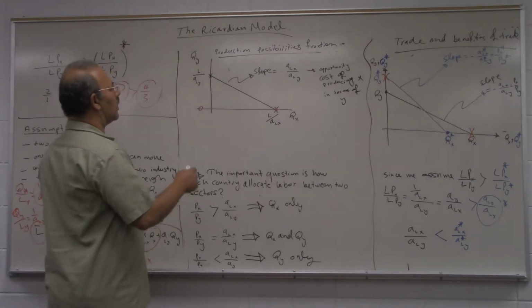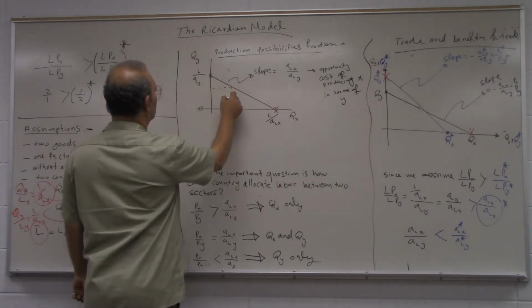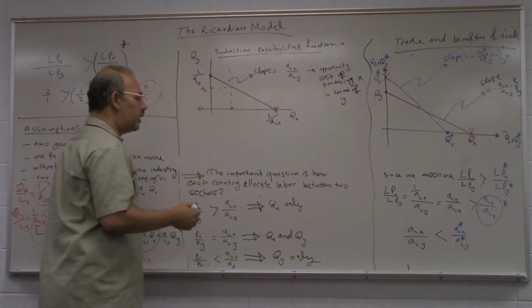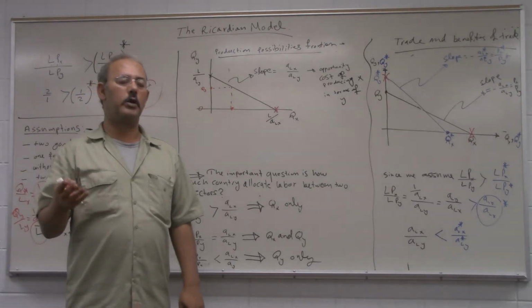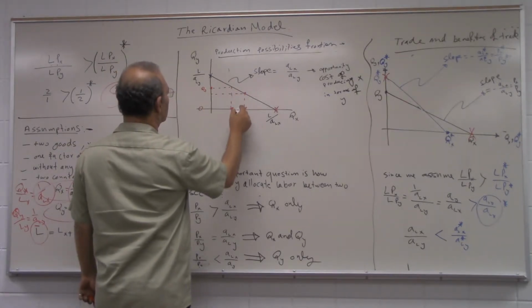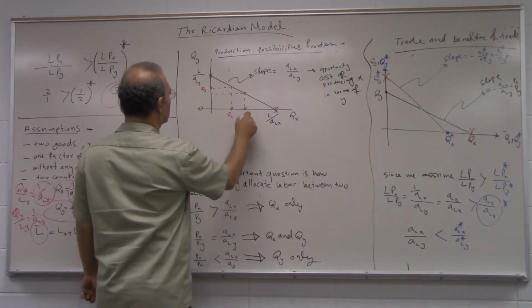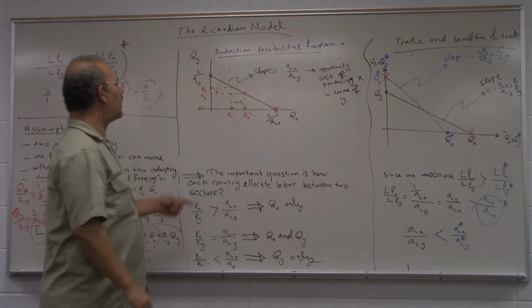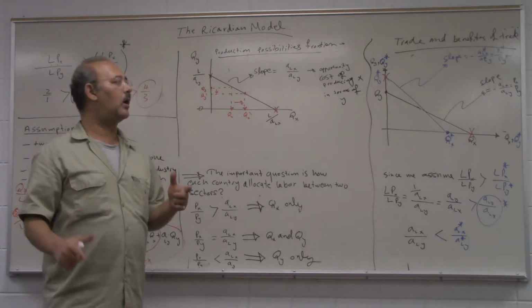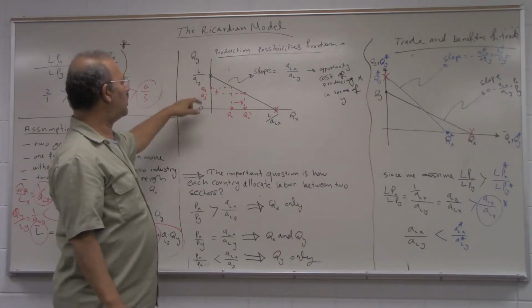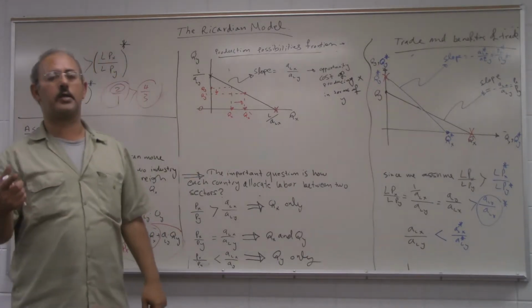Why? Because if we are here, that's Qy, and we want to increase production of good X, we must sacrifice by decreasing the production from good Y in order to produce more of good X. Why does this happen?